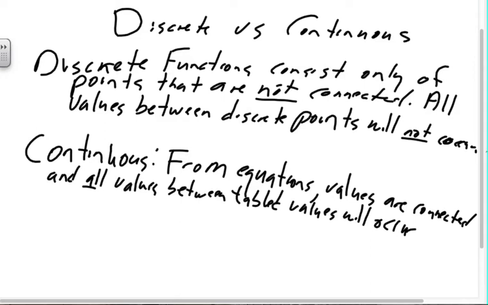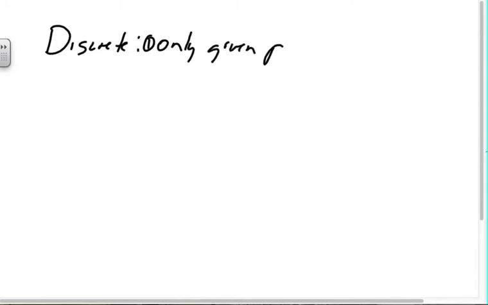So let's look at some possibilities, some examples of discrete functions. Now you can get these from equations, but primarily they're not. Discrete functions occur obviously when you're only given points.